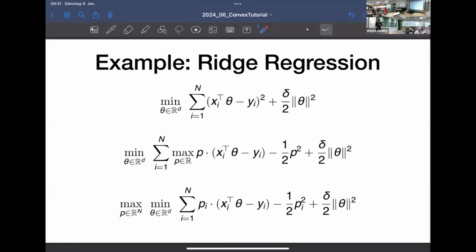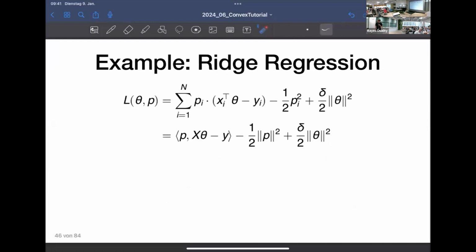And this is a saddle point problem. So we minimize in theta and we maximize in p. And at the saddle point, the gradient both in theta and in p is 0. So if we just look at the optimality conditions for this saddle point problem, I have here the function L in theta and in p. I minimize in theta, I maximize in p.